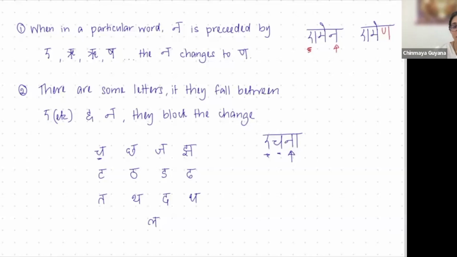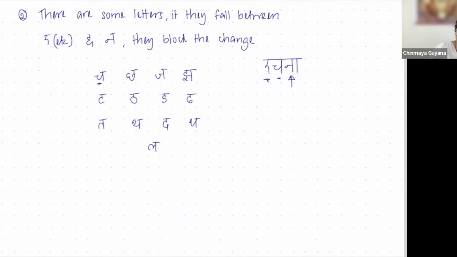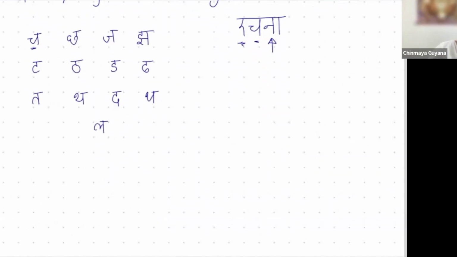So the R, R, R, and Sh cannot change N to the retroflex N if these letters are around. So far, so good? The other rule is that they can only cause trouble one time. Meaning, in a word, if you have R and then you have two Ns, the N can only be changed once.